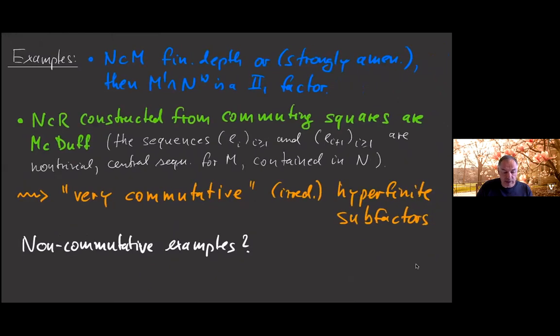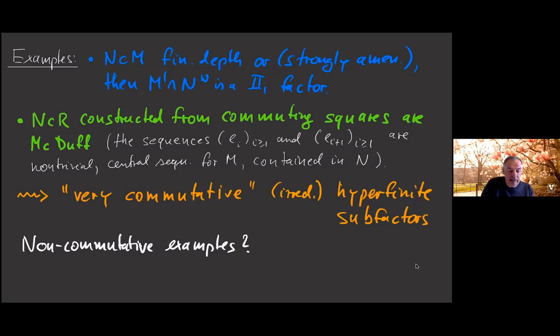And so what about examples? Well, all the examples that we described earlier, so the finite depth subfactors or the amenable subfactors, well, they are very abelian because N' ∩ M^ω is a II_1 factor or II_1 von Neumann algebra, right?